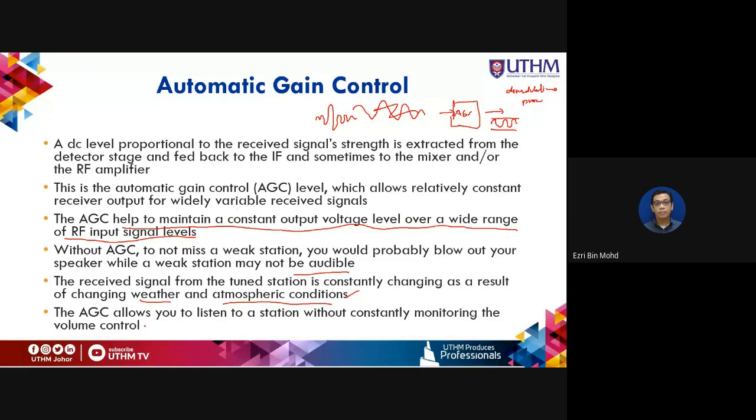So the AGC allows you to listen to a station without monitoring the volume control. For example, when you listen to the radio without AGC, sometimes you hear it loud, sometimes slow. But with AGC we can hear a constant power of voice.